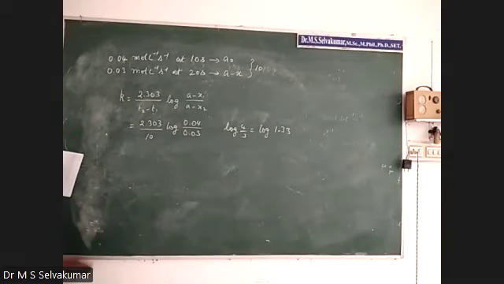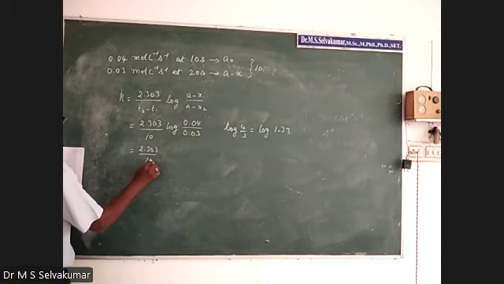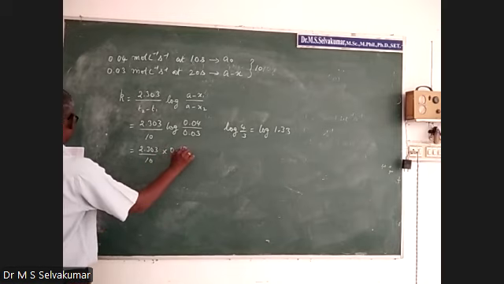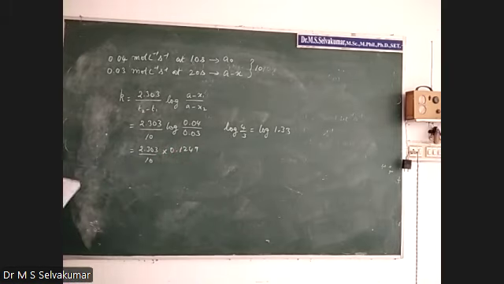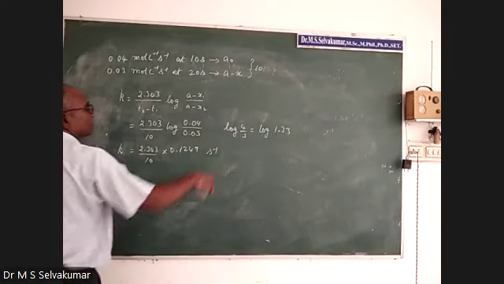If you take the log value, it is 2.303 by 10 into 0.1249. This is the K value. Rate constant is calculated: 2.303 by 10 into 0.1249 per second.